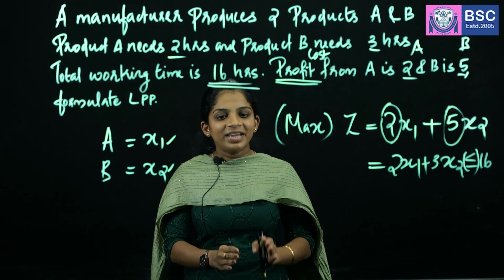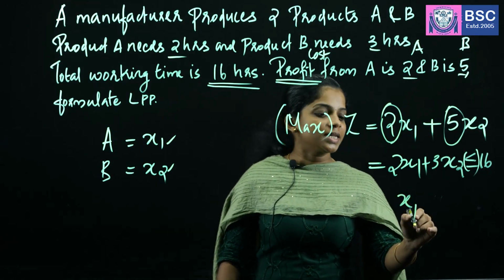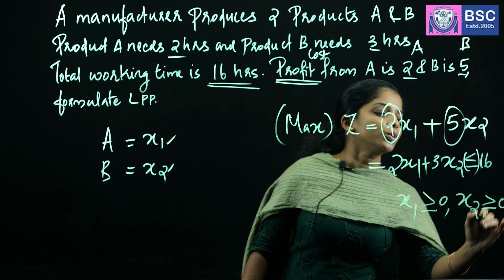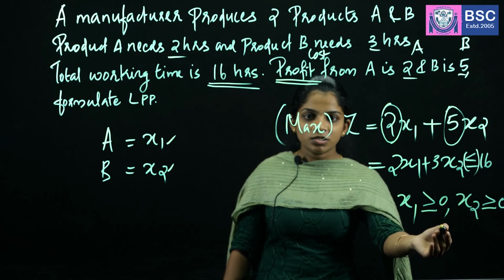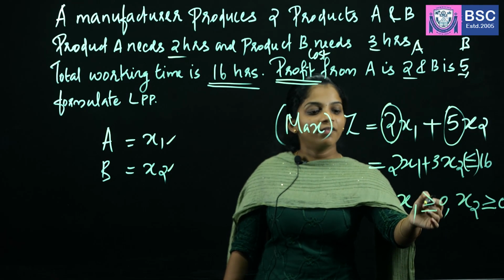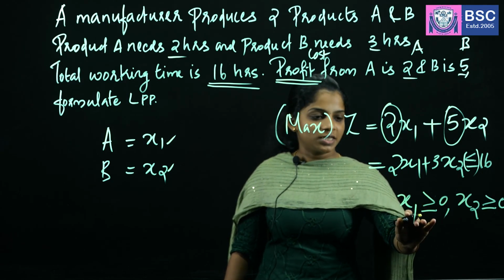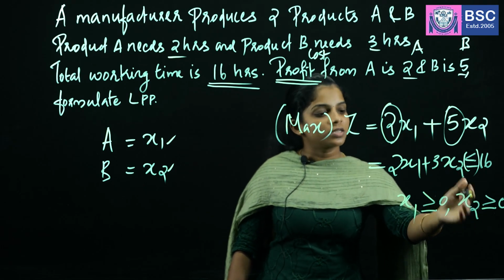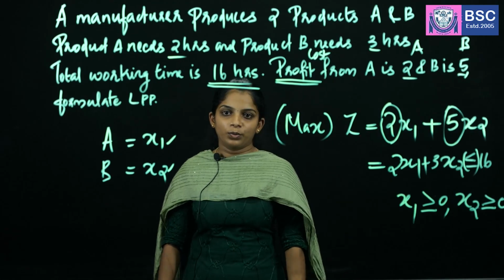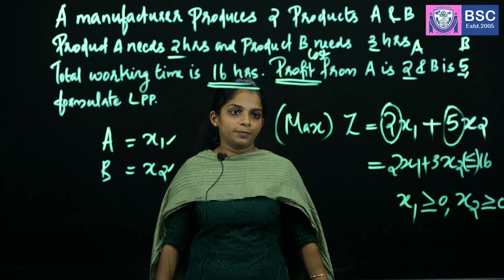So we need to mention it in our mathematical model, and I'm writing it as x1 greater than or equal to 0 and x2 greater than or equal to 0. This means x1 will always be greater than or equal to 0. That means it will be equal to 0 or greater than 0 and will not be a negative value, and similarly x2 may be equal to 0 or greater than 0, will not be a negative value. So this is how an LPP can be constructed.